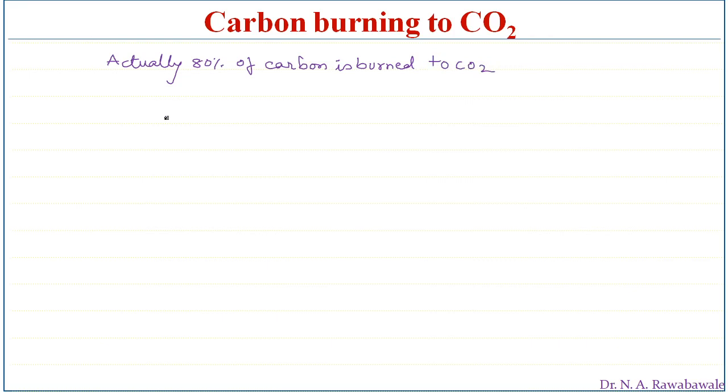So now the CO2 produced can be given as 80% carbon is burned, means 0.8 into 0.82. What is this 0.82? It is the percentage of carbon, into 44 divided by 12. What is this 44 divided by 12?